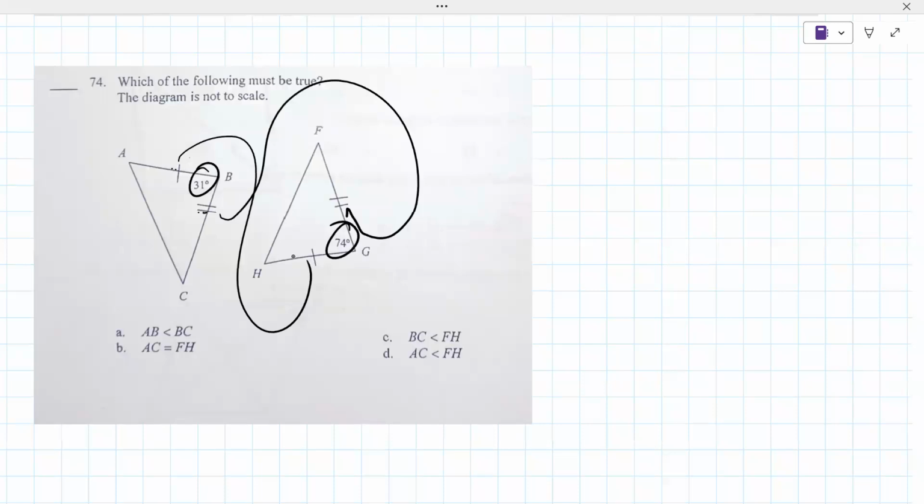And it's sides, it's not angles. So you're looking at that side and that side. Which one must be correct? Smaller angle, smaller side, larger angle, larger side.